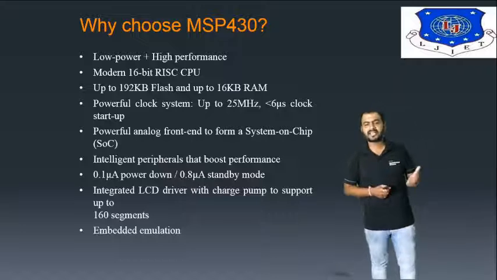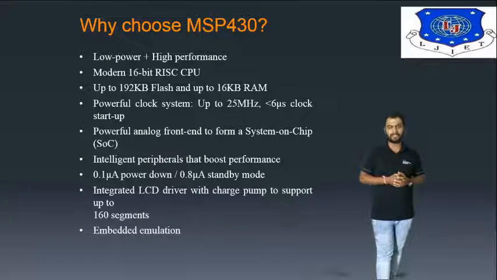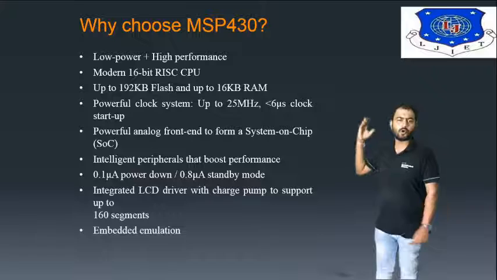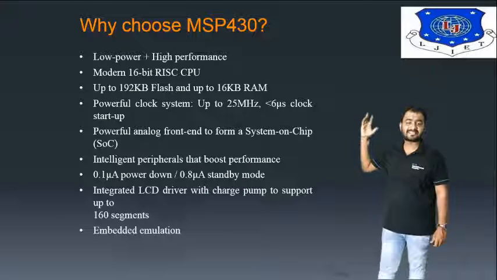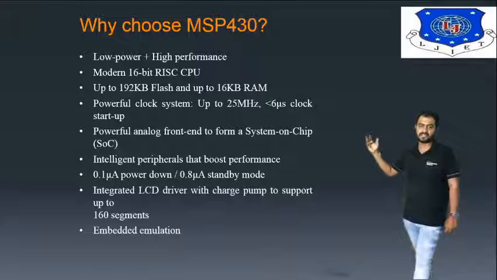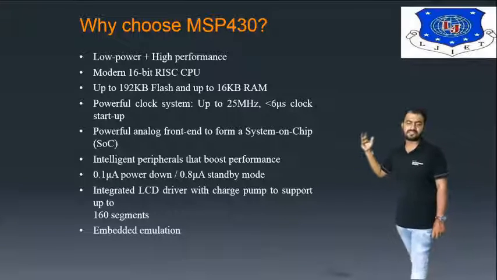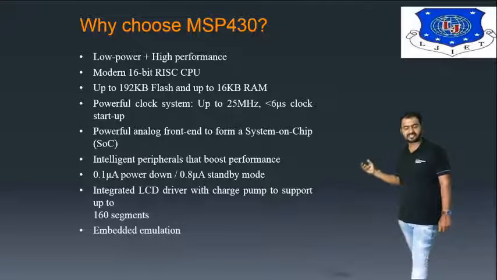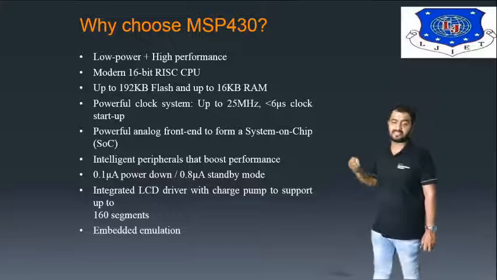Now the first question that arises in our mind is: why do we choose MSP430 only? Because there are a number of microcontroller boards available, so why go with the MSP430? The first thing, as you can see, it's a low power plus high performance, modern 16-bit RISC computer, with 192 KB flash and up to 16 KB RAM, a powerful clock system with a clock frequency up to 25 MHz, a powerful analog front end, and for the system on chip, SoC, intelligent peripherals that boost the performance of the system, a 0.1 microampere power down mechanism and a 0.8 microampere standby mode.